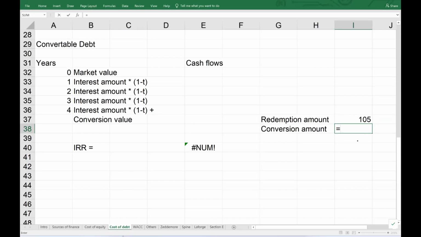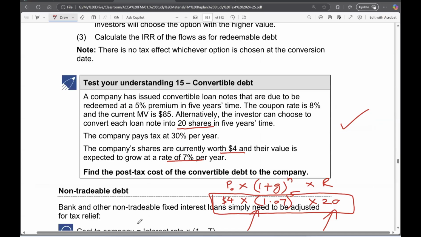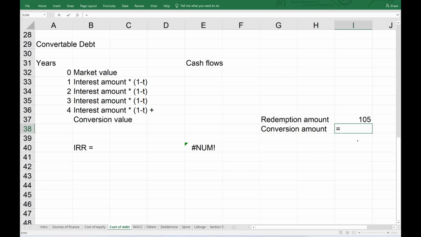Okay, so first of all, find the market price after 5 years. So $4 is the current market price, $4 into growth 7%, 1.07 power 5. Okay, that will tell me what? The price of the company share after 5 years' time.